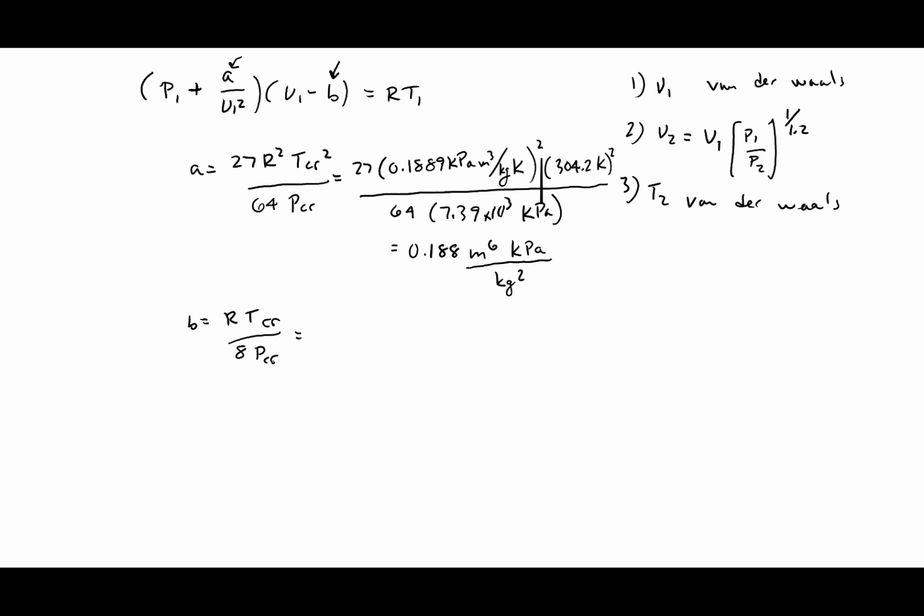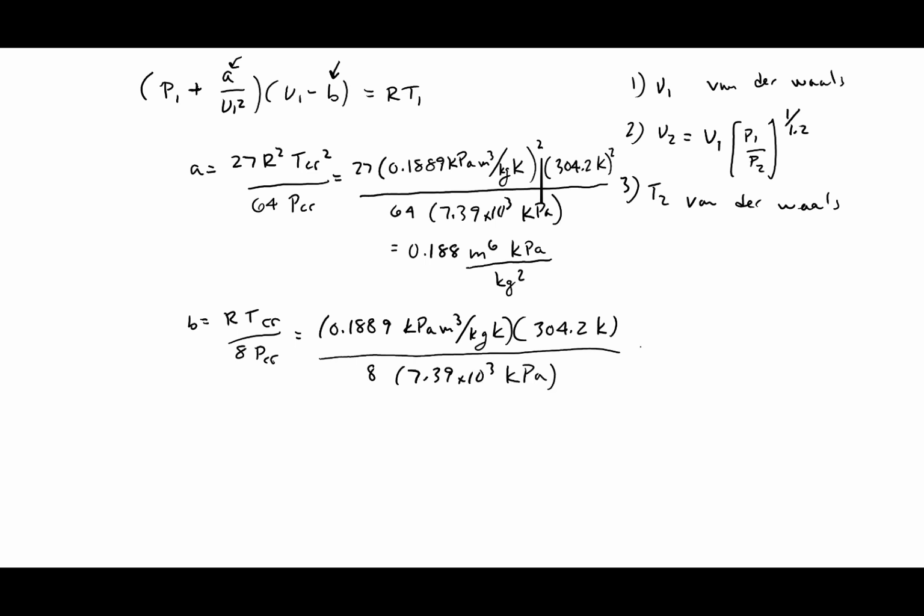So this is equal to 0.1889 kilopascal meter cubed per kilogram Kelvin multiplied by 304.2 Kelvin, divided by 8 multiplied by 7.39 times 10 to the third kilopascal. So this works out to 0.000972 meters cubed per kilogram.